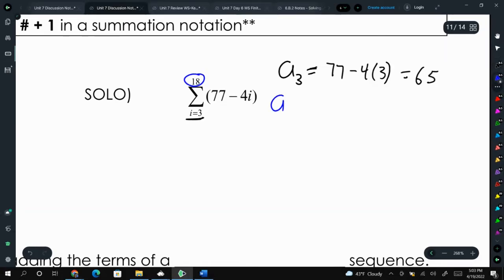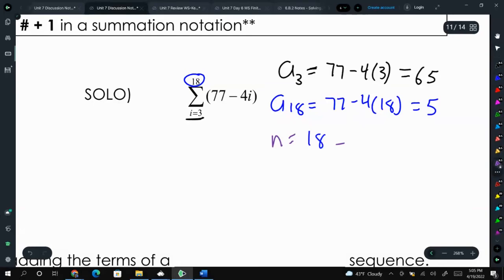A sub 18 is going to be 77 minus 4 times 18, and that equals 5. Now for our n value, that's going to be 18 minus 3 plus 1, which is going to be 16.